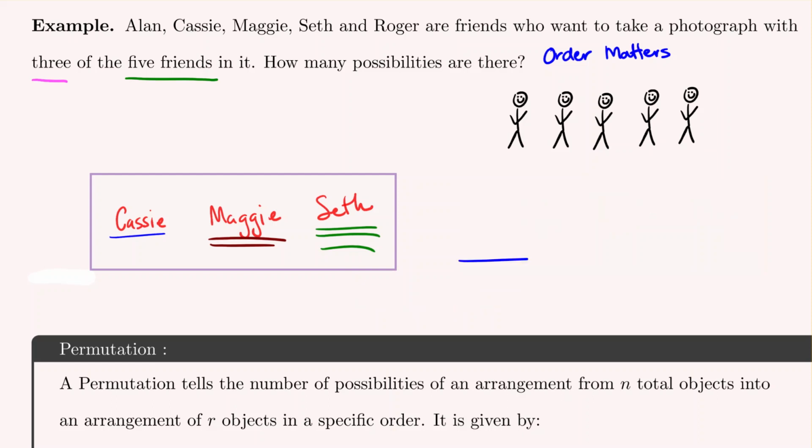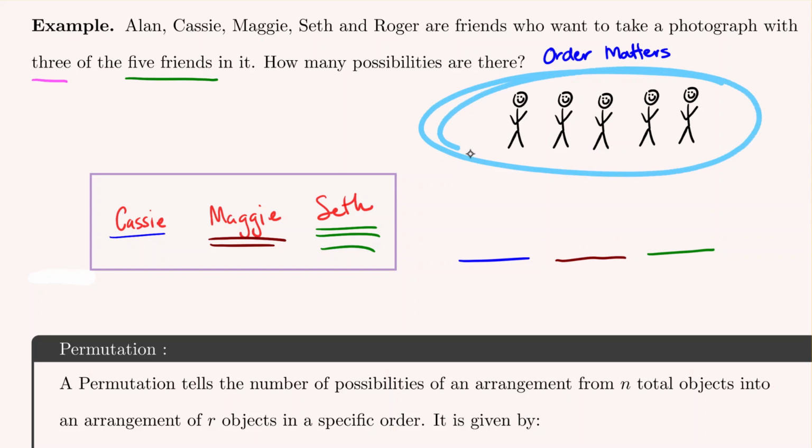I need to figure out who's going to stand at the farthest left, who will stand at the middle, and who will stand at the farthest right or the third position. Now, as we had all 5 friends here, we need to pick one of them to go here. Now, at this time, how many friends are available? 5. So we have 5 options of who will take the first place.